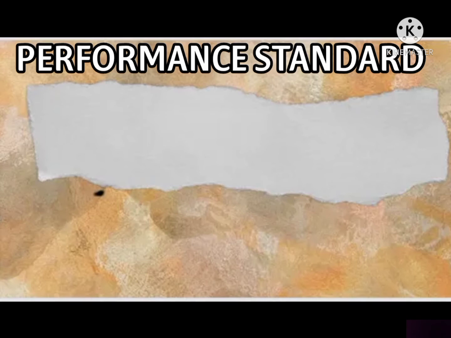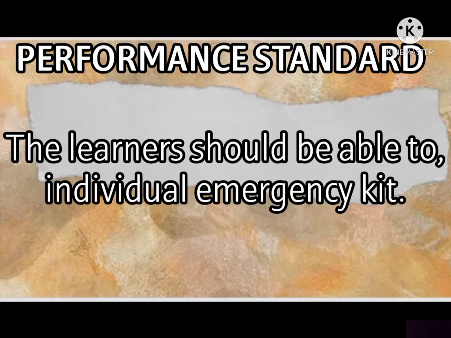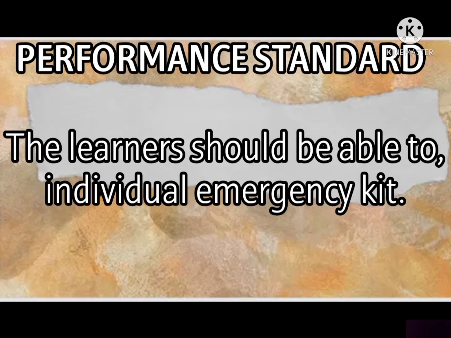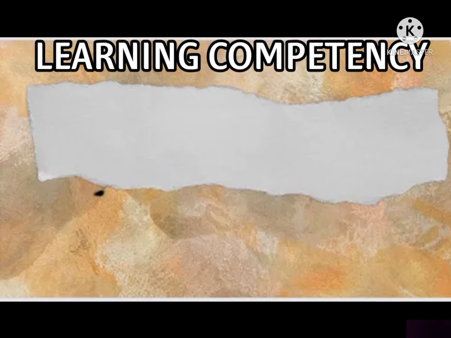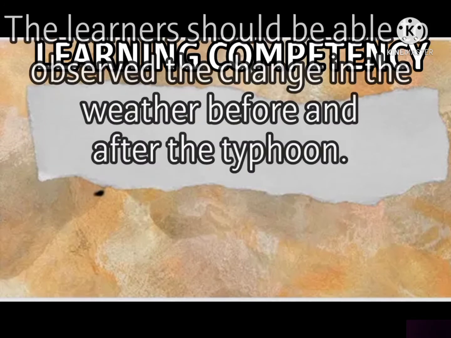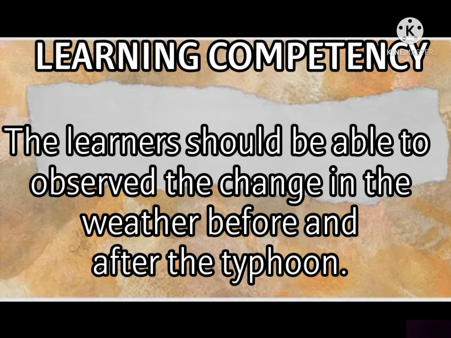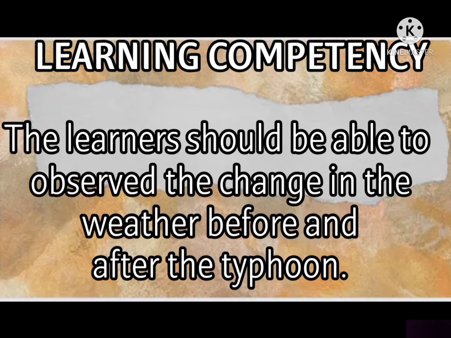Performance standards. The learner should be able to prepare an individual emergency kit. Learning competency. The learner should be able to observe the change in the weather before and after the typhoon.